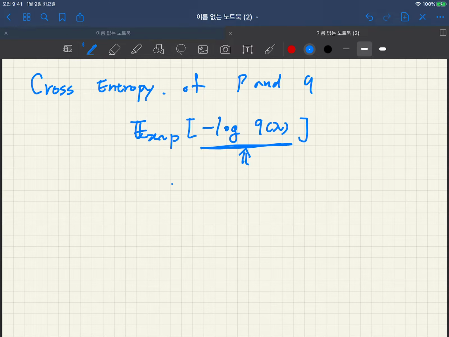So this represents the codebook that comes from distribution q. But here is the problem. We take the expectation with distribution p, not q. So essentially, we code our random realization with the knowledge of q, but in reality, the distribution was p.